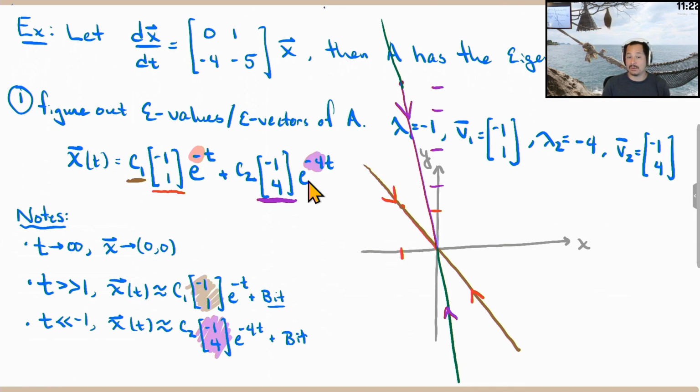Really far backwards in time, I am behaving most like purple, and really far forwards in time, I'm behaving most like brown. So now I have to draw some trajectories that are behaving like purple really far back in time, and then switch over to the brown behavior before ultimately going to the origin, which is the equilibrium solution.